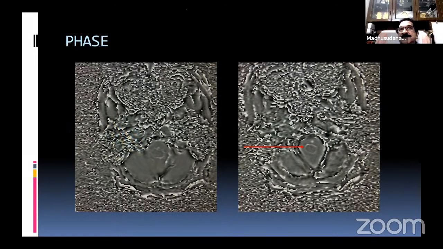So remember that superficial siderosis can present with a progressive myelopathy. Sometimes the blood may seep down and the hemosiderin pigment may surround the spinal cord and can present with a myelopathy also. This also you keep in mind. That is why these patients have a predominantly myelopathic presentation of superficial siderosis.